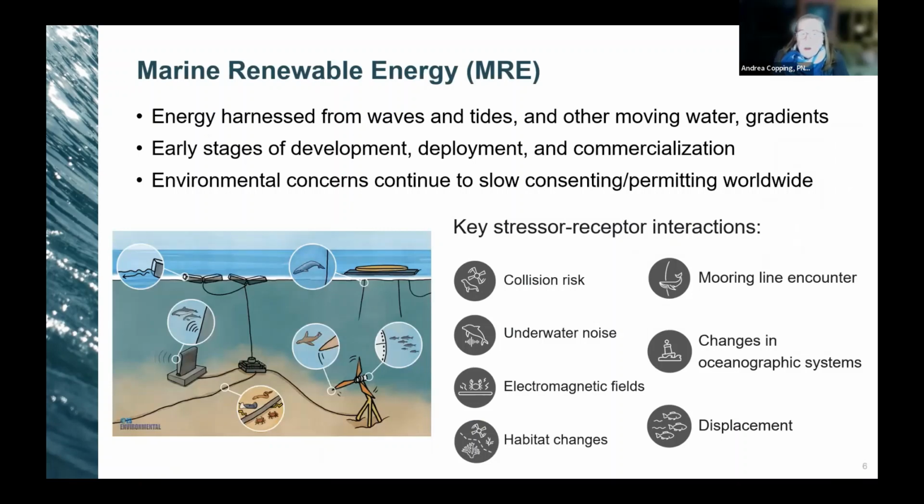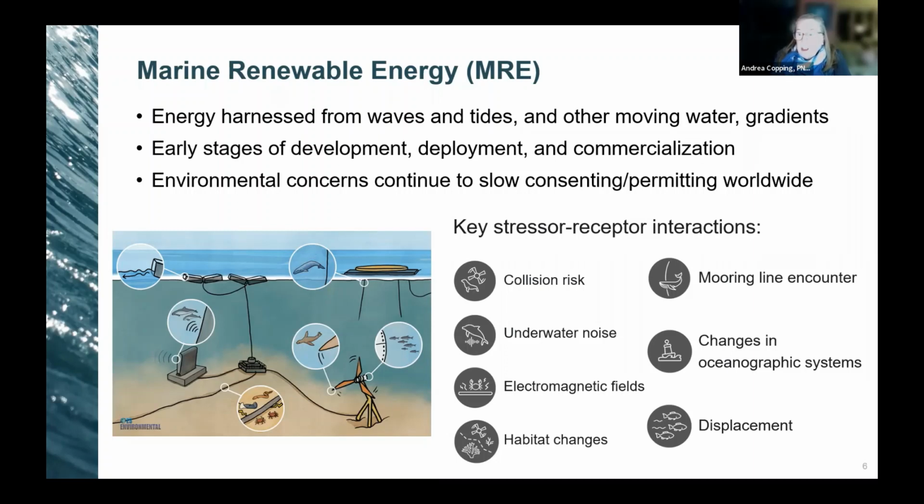Next slide. Okay, getting into the meat a little. We're talking ocean renewable energy. This is energy harvested from waves, tides, other moving water such as persistent ocean currents, and also temperature and salinity gradients. But as most of you know, wave and tidal are really the technologies that are leading here and the ones you're likely to come up against in terms of consenting. This industry is very much in the early stage of development, deployment, and early commercialization, with the first truly commercial tidal farm at MeyGen in the north of Scotland put in just a couple of years ago.